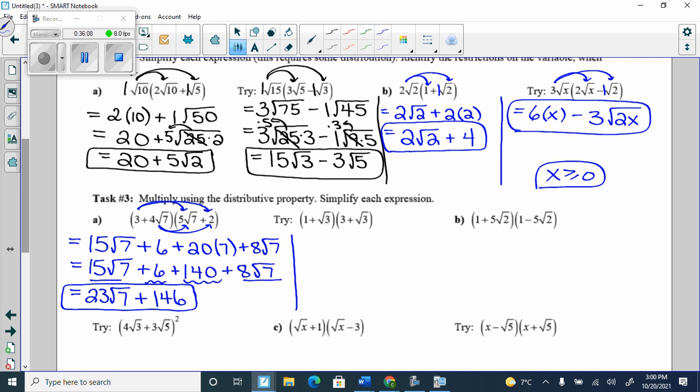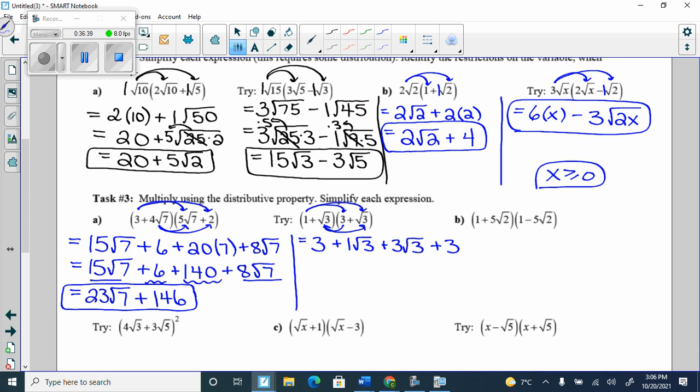I want you to try the next 2. Go. All right, so we're going to go first times first. So we go 1 times 3, which is 3. And then outside times outside. 1 times root 3 is root 3, or 1 root 3. Inside, 3 times root 3 is 3 root 3. And then last, root 3 times root 3 is 3.